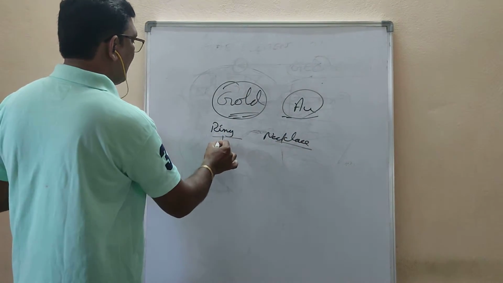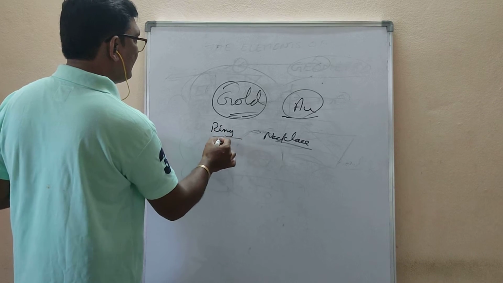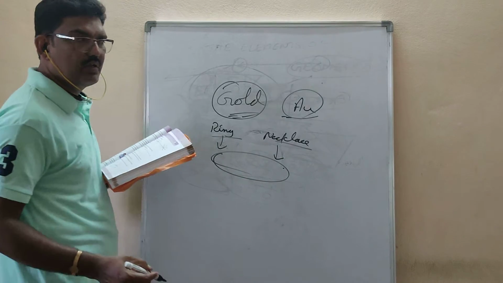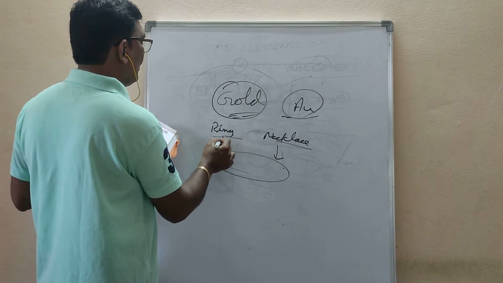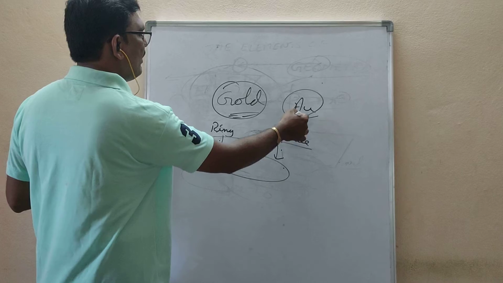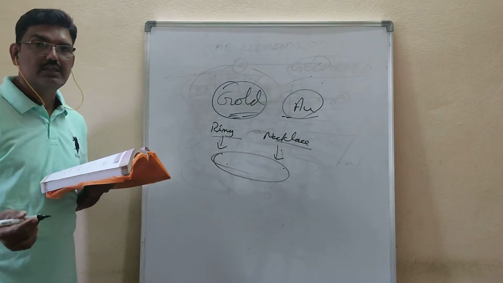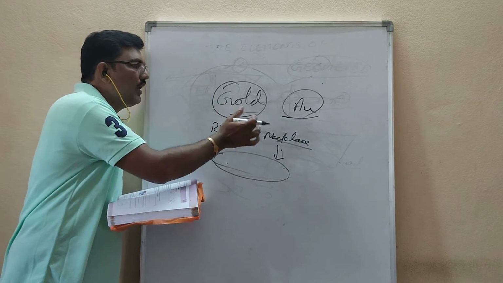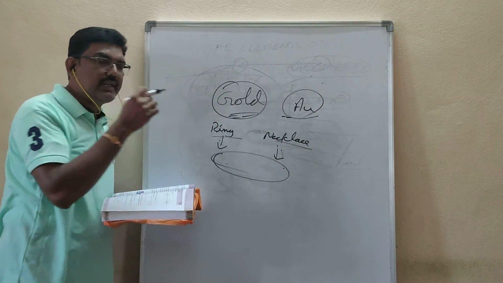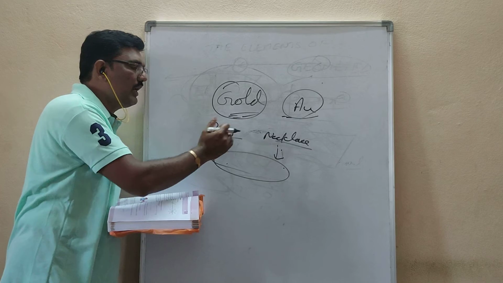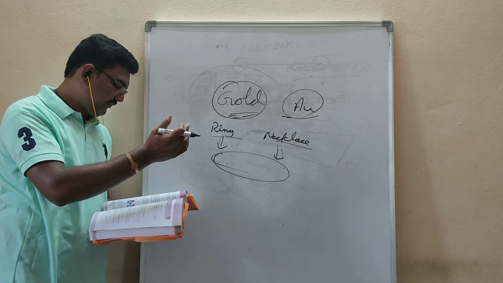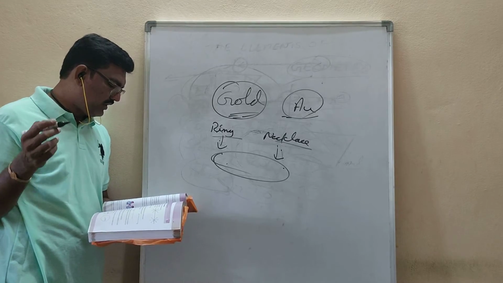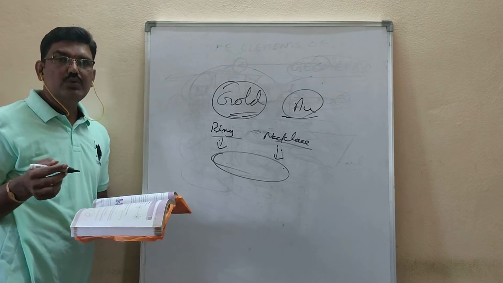If you take one atom from each, these two will be equal. One gram of gold from the ring, one gram of gold from the necklace. Things which are equal to the same things are equal to one another.